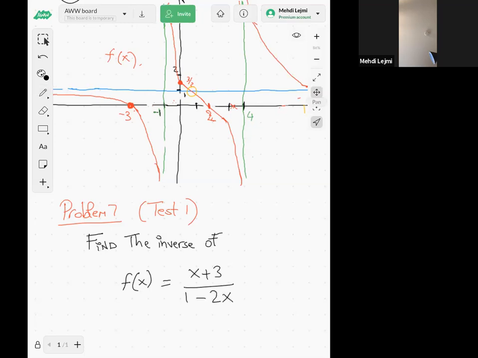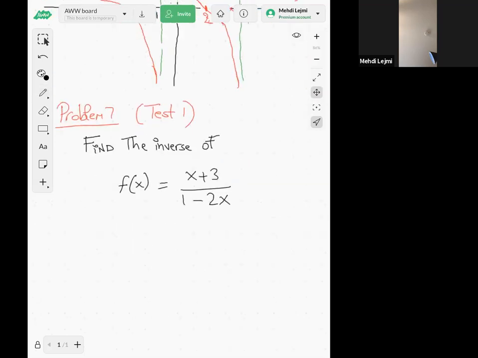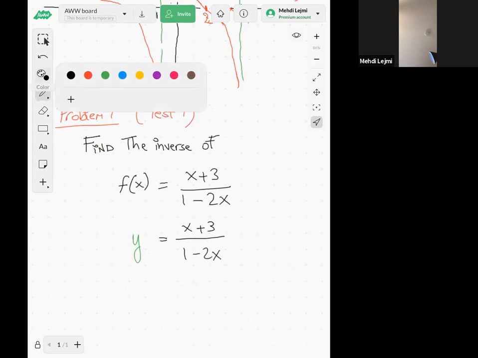So first step, we replace this f of x by y. So y equals x plus 3 over 1 minus 2x, right? That's step 1, let's replace f of x by y.